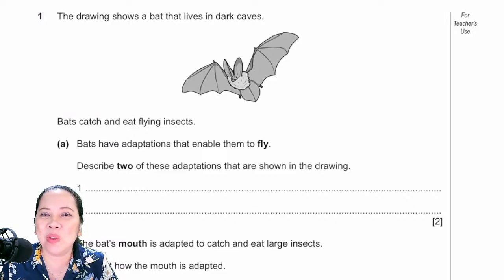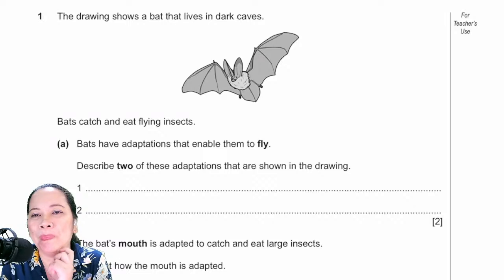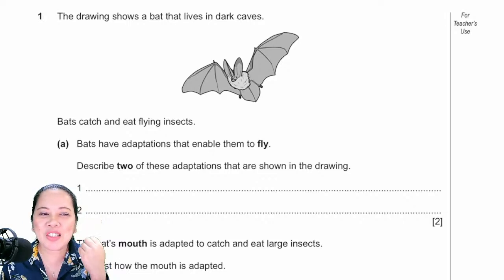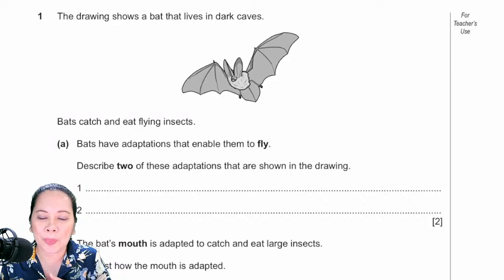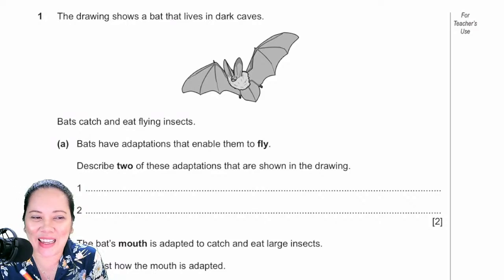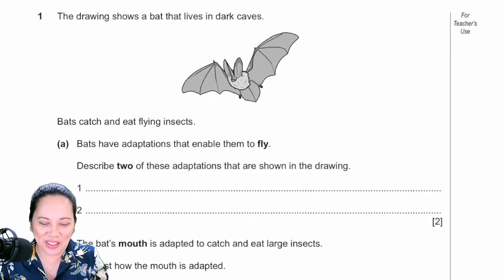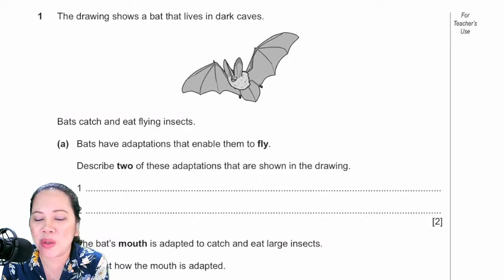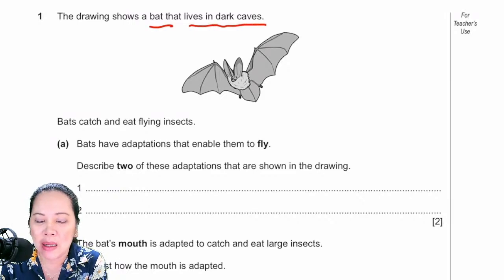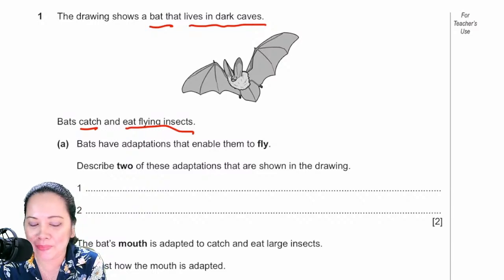Okay, so we'll proceed with science. Let's try to check whether we could answer this question. Okay, let's try. The drawing shows a bat that lives in dark caves. Bats catch and eat flying insects.